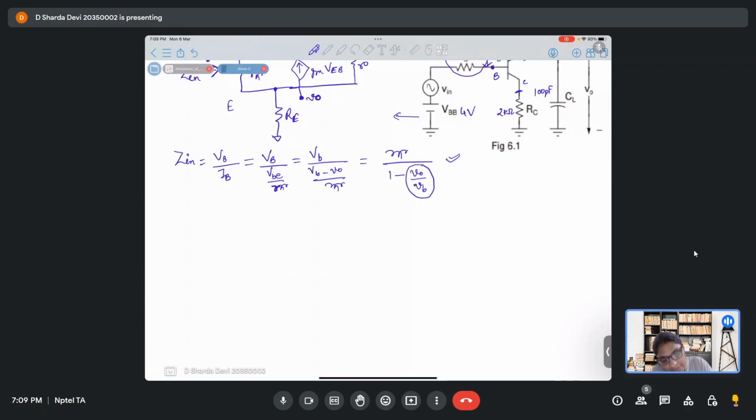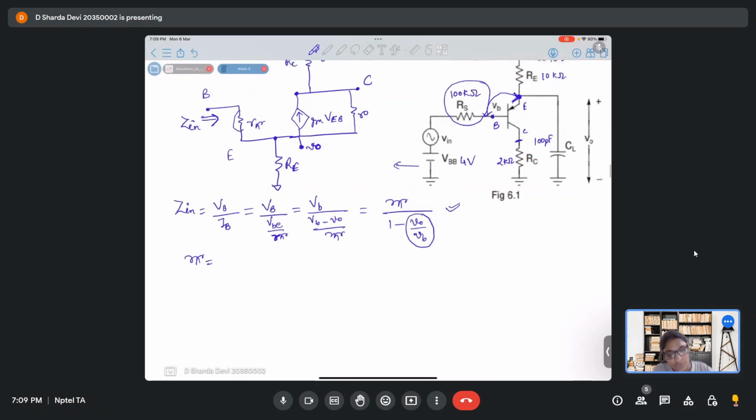How do we write R pi? What is the value of R pi? The internal base resistance, how do we write it? This is R pi. What is the expression for this R pi?